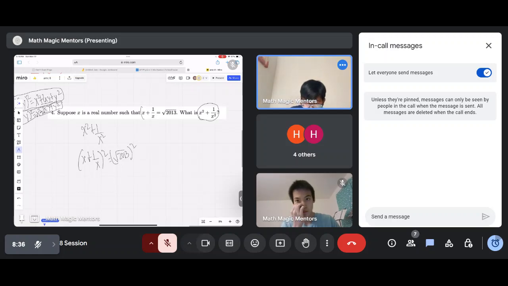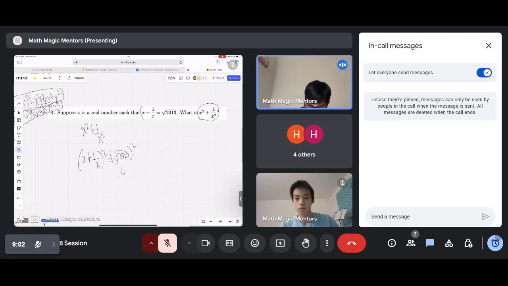Now you see that there's no xy, or no product of the two different quantities given, but as we'll see in this problem, we won't end up needing that at the end. So x plus 1 over x squared equals square root 2013 squared.